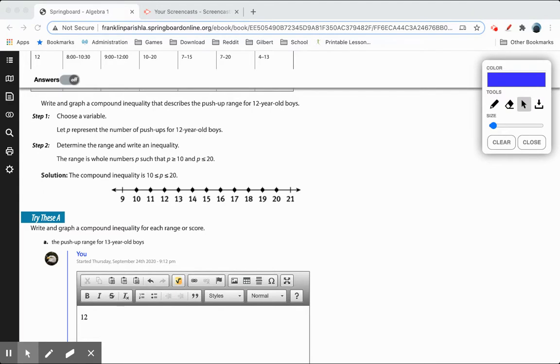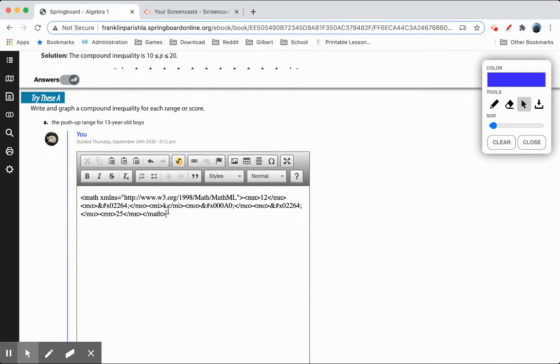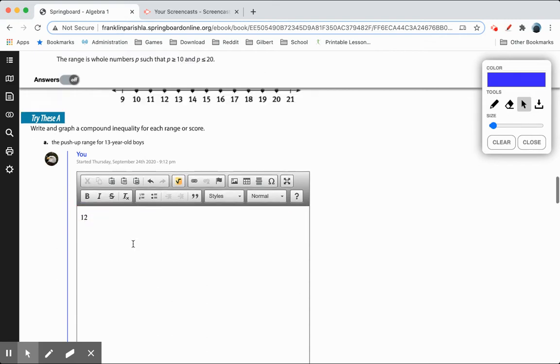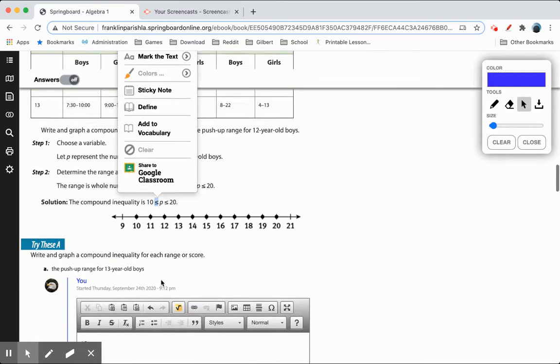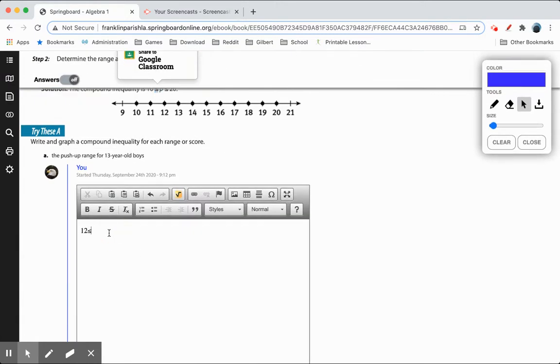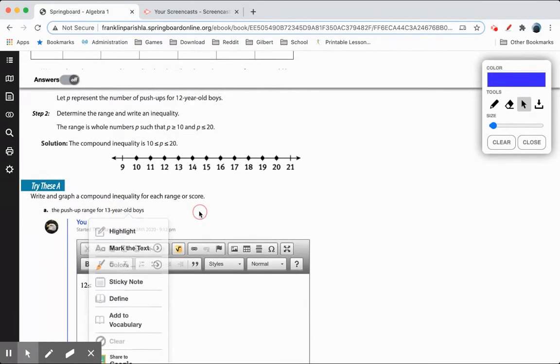I'll just copy and paste that, and let's hope it stays like that. Nope, shouldn't have done that. Hold on just a second. I'm going to get it 12. Copy and paste, is less than or equal to, what do we say, K, which was less than or equal to 25.